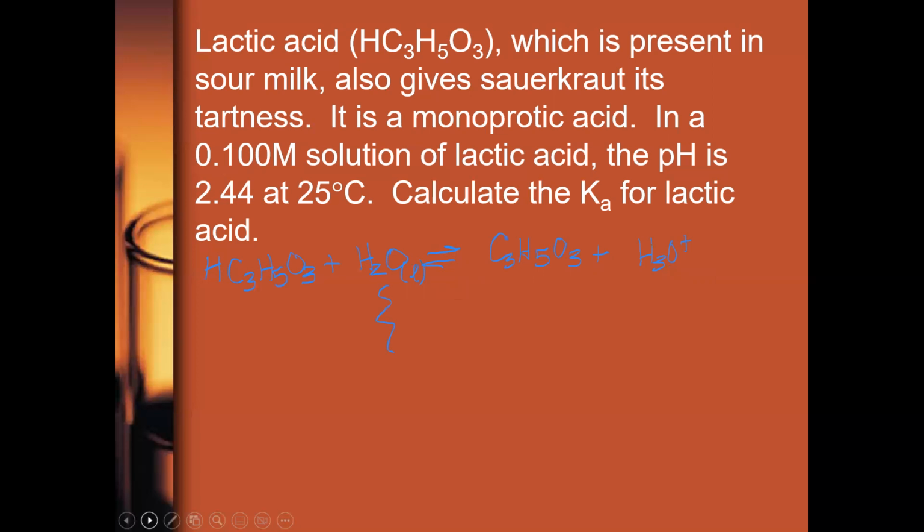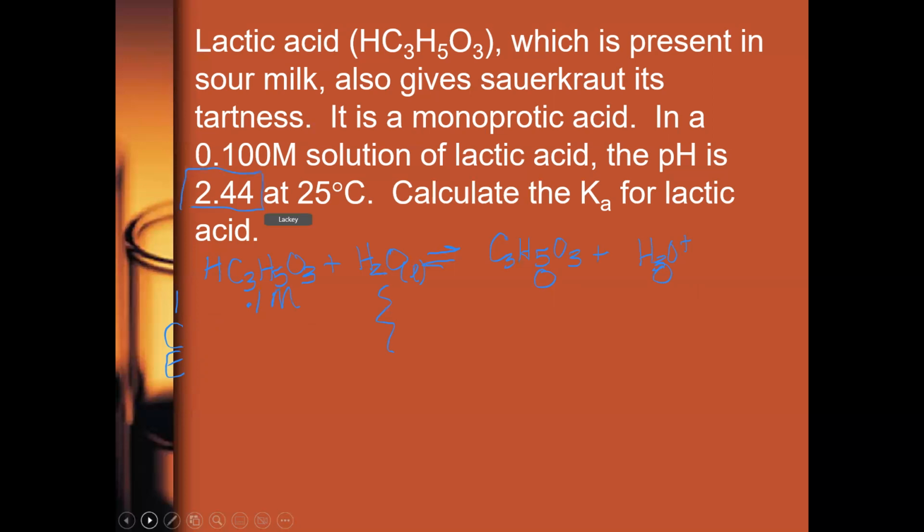So here it tells us that we start off with 1 molar lactic acid. If we're starting off with that acid, we have none of the ions initially. The only other information we have here, because it didn't give us the change amount or the equilibrium amount, is the pH.